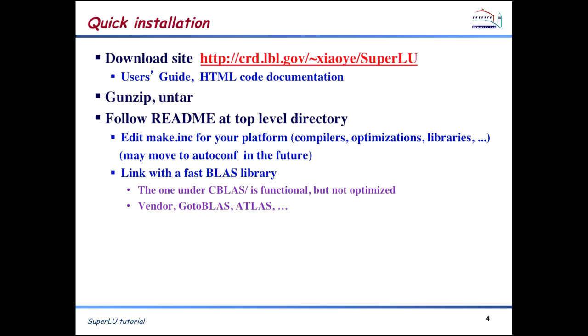It's by no means fast, high performance, but it's working. So in the very beginning, if you don't have BLAS, you just want to test whether the code works, just use this CBLAS library. Alternatively, the better solution is to use a vendor BLAS on many high-performance machines. And there's GotoBLAS and also ATLAS. We are in the process of creating the CMake build system to automate this process.